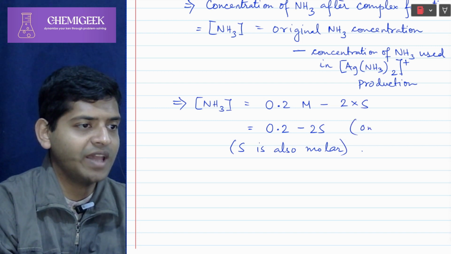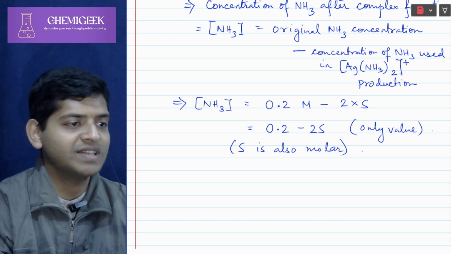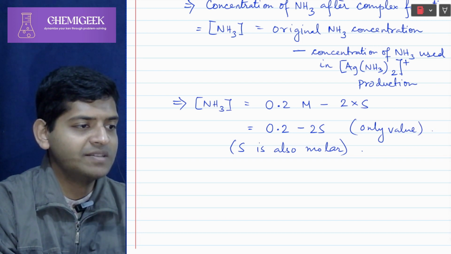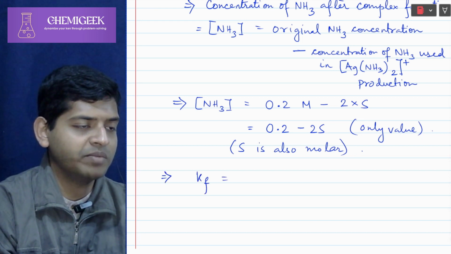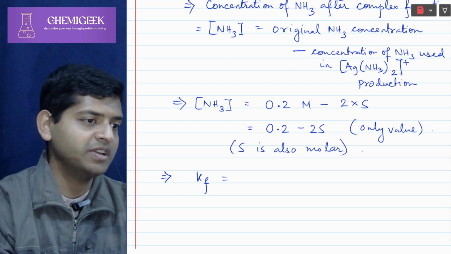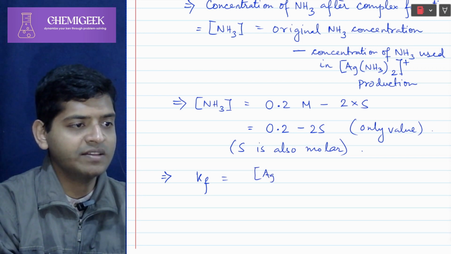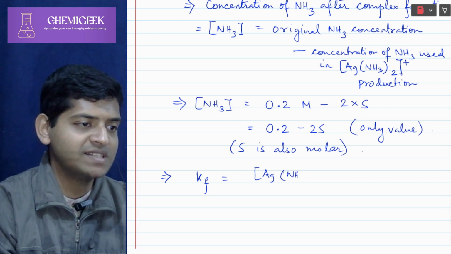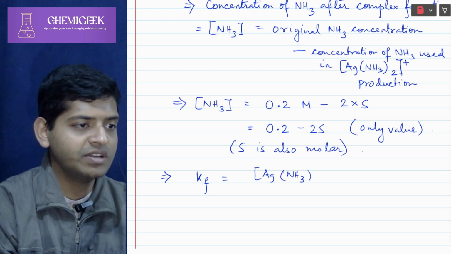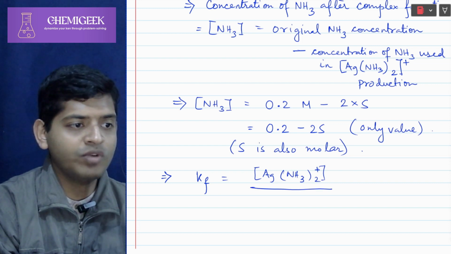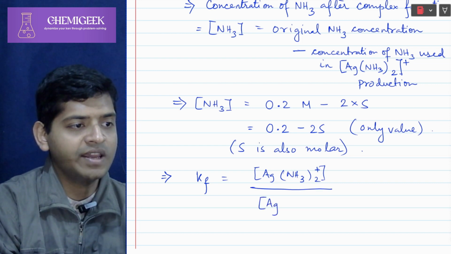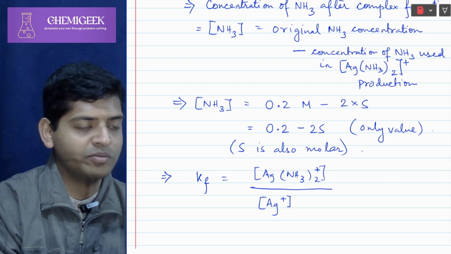So we are not writing M here for 0.2 because these are only values and we are going to use this in an equation. So now this implies the formation constant of the silver amine complex is equal to the concentration of the silver amine complex divided by the reactants, that is the silver ion concentration and the concentration of 2 ammonia molecules. So when 2 ammonia molecules mix with 1 silver ion, it gives the silver amine complex. So that is the formation constant.